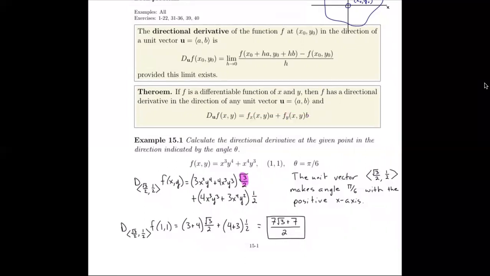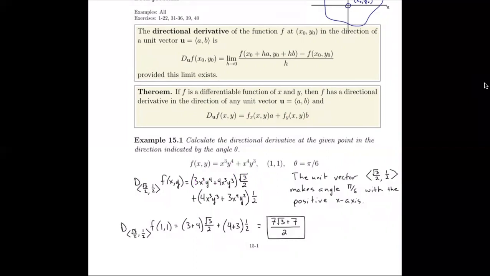And we could double check that this is actually the partial derivative of f with respect to x. Yep, power rule: 3x squared times y to the 4th plus 4x cubed times y cubed. So that comes together nicely. We could do a similar check for f sub y, but we'll trust that it's correct.